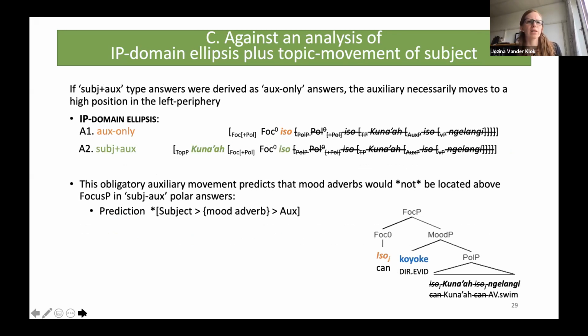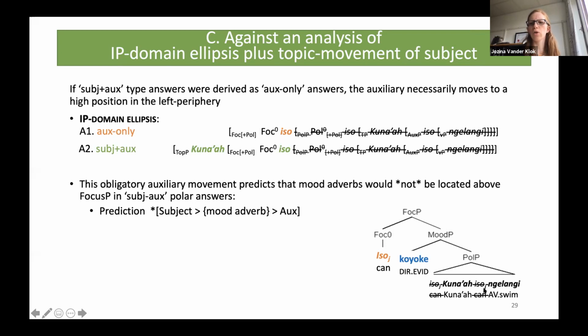The idea is that if subject auxiliary type answers were derived as IP domain ellipsis, the auxiliary is necessarily moving to a high position in the left periphery, the focus position. And this obligatory movement predicts that mood adverbs cannot be located above focus P in subject auxiliary answers.